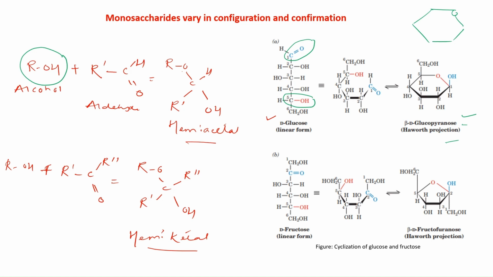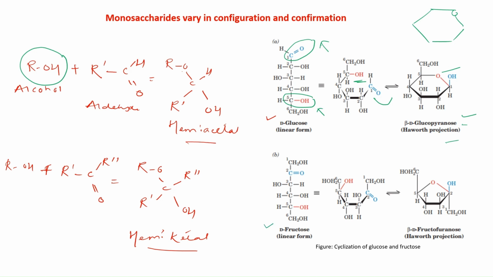Formation of a hemiacetal. The OH group attached with the fifth carbon reacts with the first carbon functional group, that is an aldehydic group. They react and form a hemiacetal structure. This is known as glucopyranose structure because glucose cyclizes over a pyran ring.